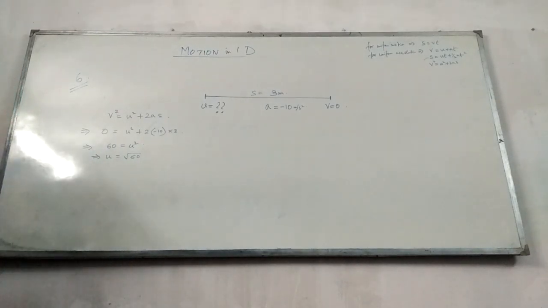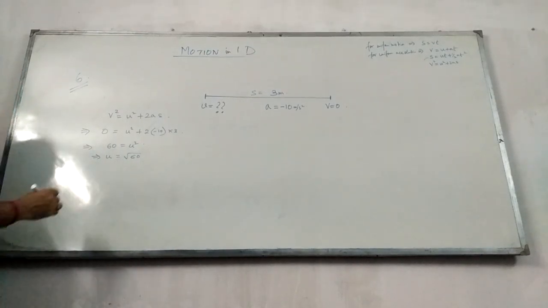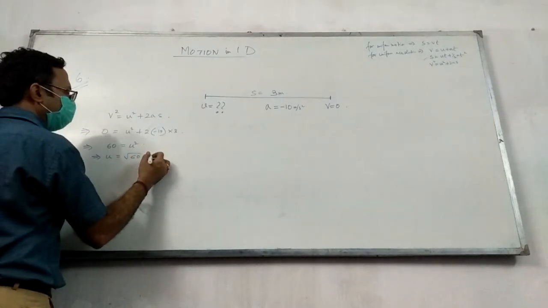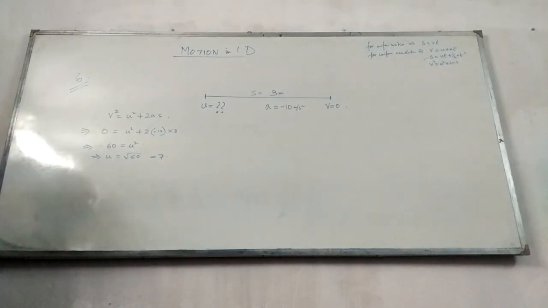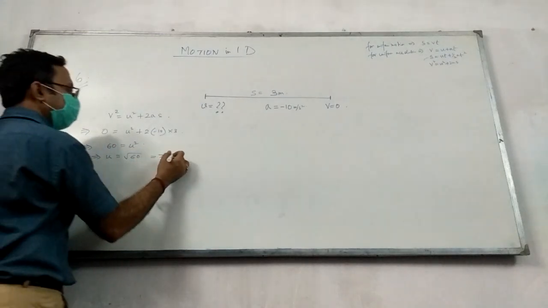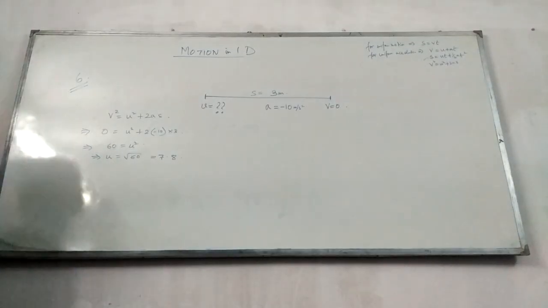You write nicely. Anyway, what is root 60? 8 squared is 64, so 7 point something. 7 squared is 49 and 8 squared is 64, so it will be close to 7.8.